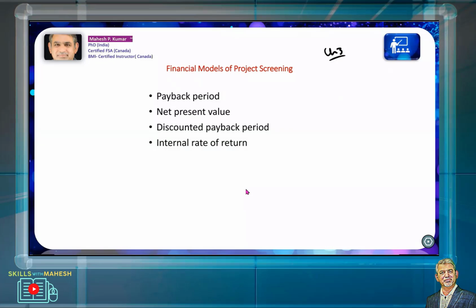So we will try to see some of these in working today, how an Excel sheet can be used to do these calculations. Started with the project screening. It means we have some options, right? So as a company, we have some options that, okay, we can take project A, or we can take project B, for example, or we can take project C, for example, right?